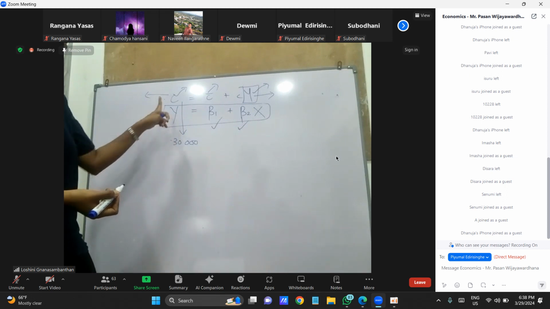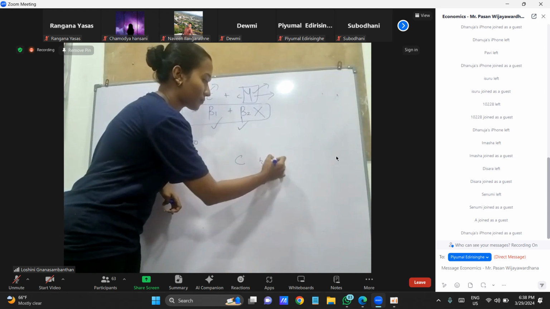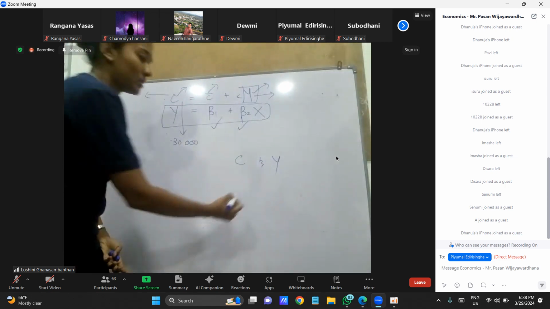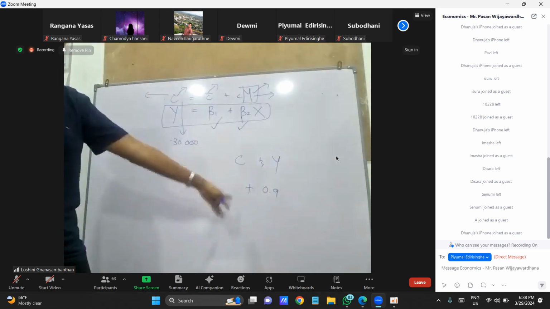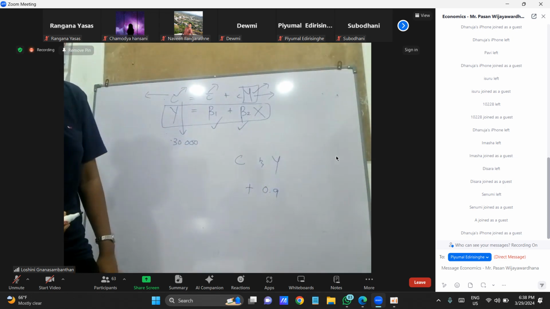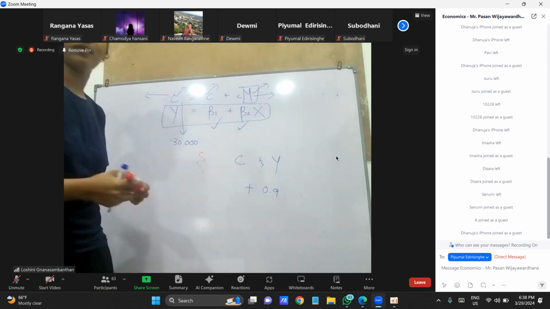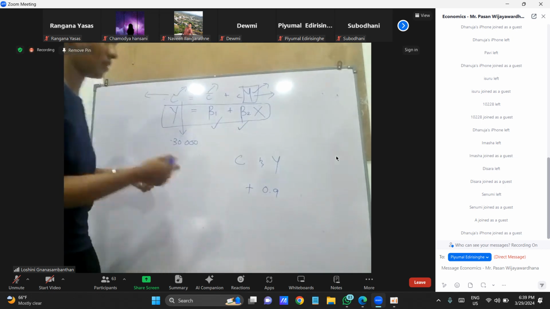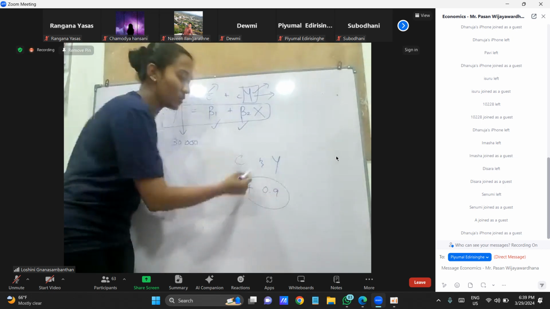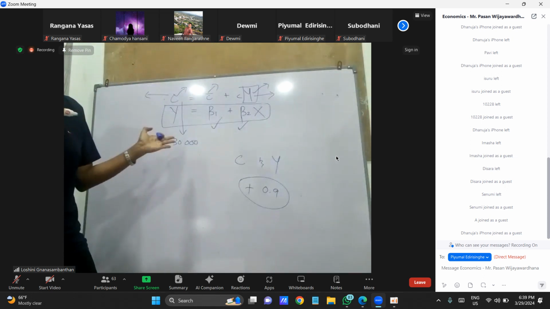But correlation only tells you the relationship type. If it comes to 0.9, it's a very strong positive relationship. So it just tells you the type and the strength of the relationship, not numbers.